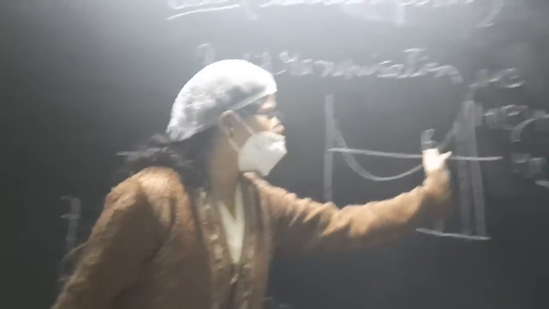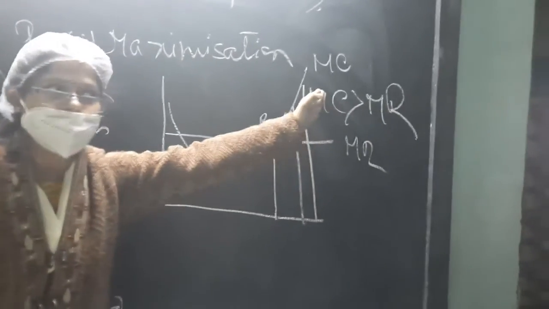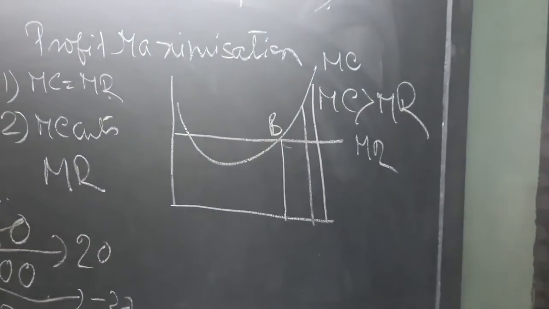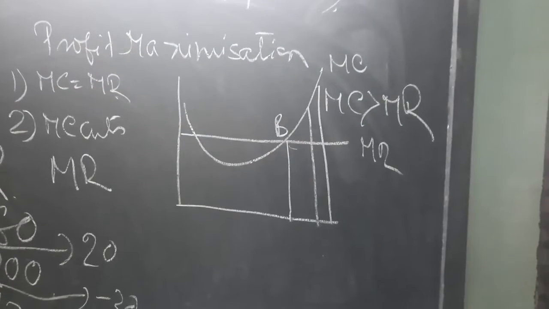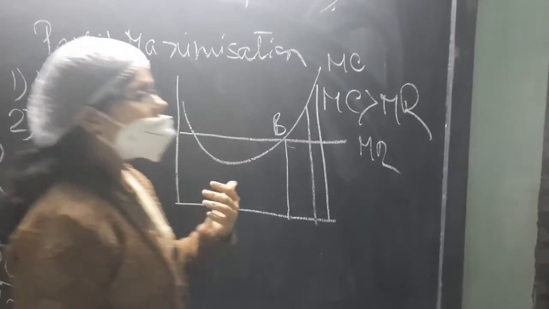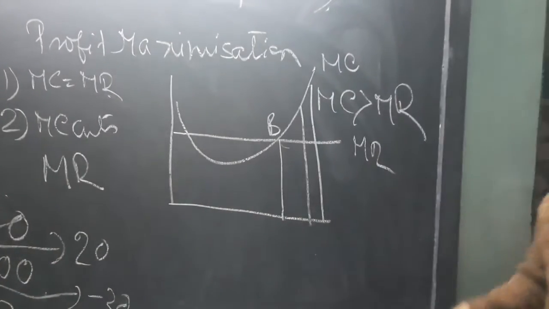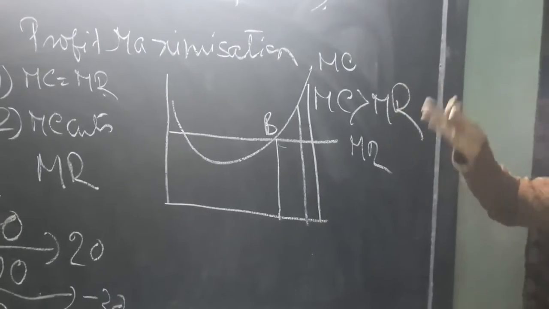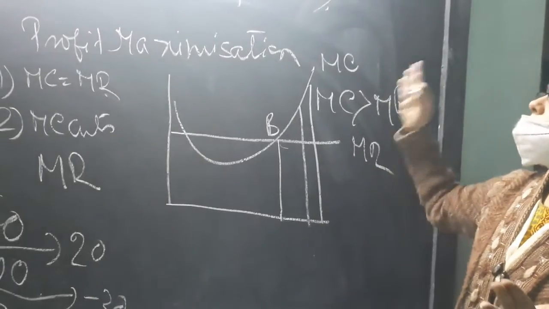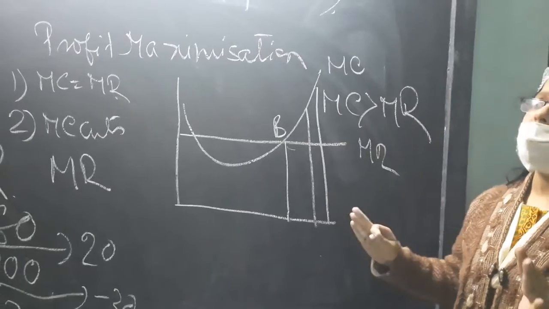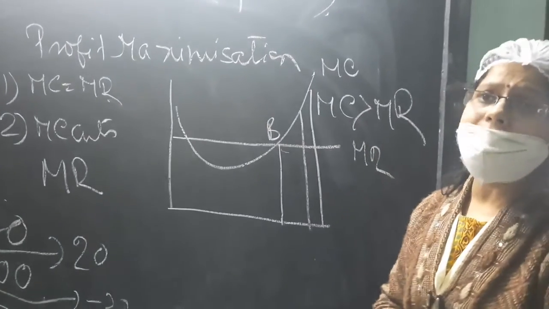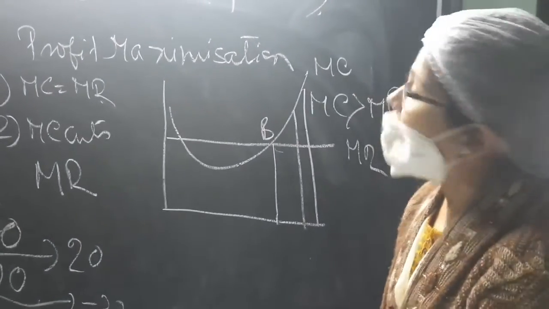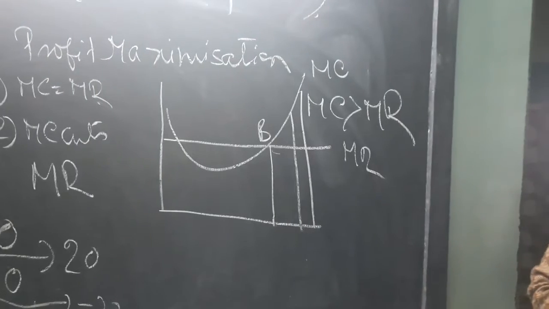We are talking exactly about this. So when the firm can understand that after a certain point, if it sells more and more product, its total revenue earning power is falling, the firm will not opt for that.